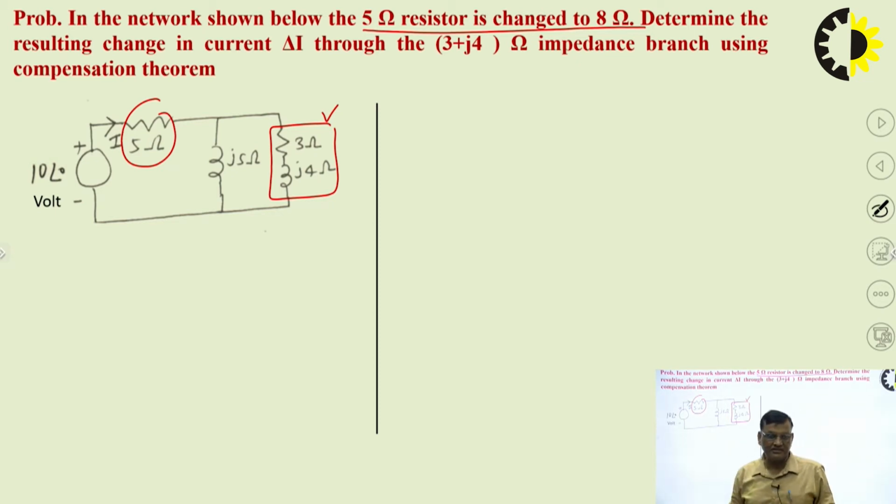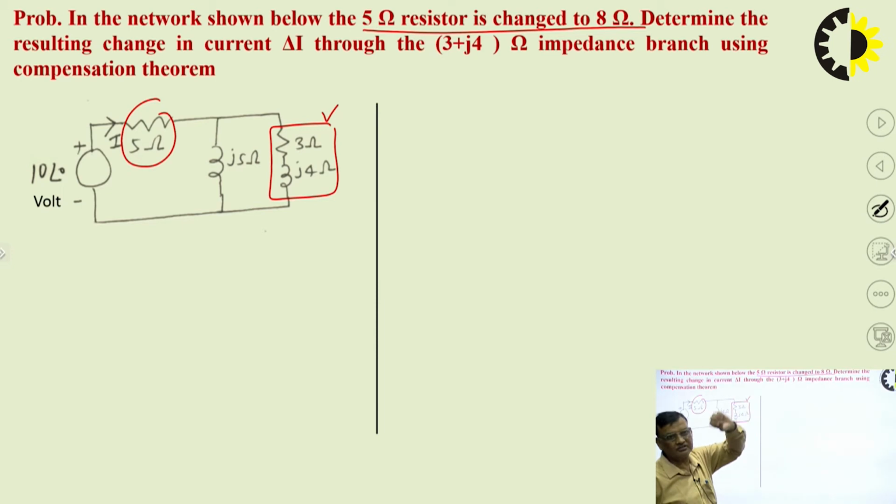Using the compensation theorem, it means you have to draw a circuit having the compensating voltage in the modified branch, replacing all the energy sources by their internal impedances, and try to find the change in current. This is the way. So look here.